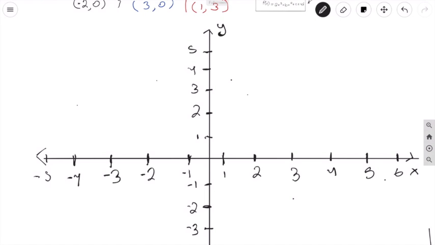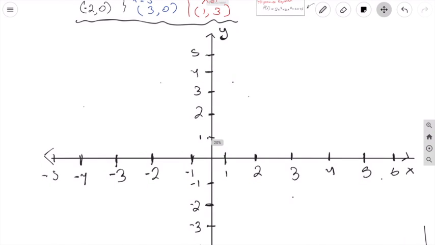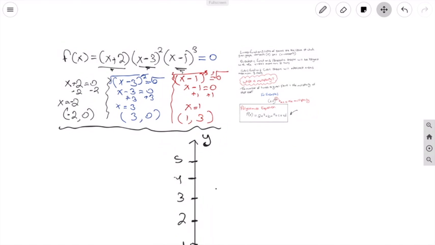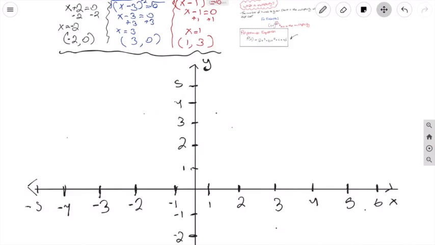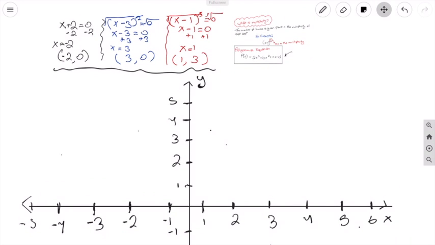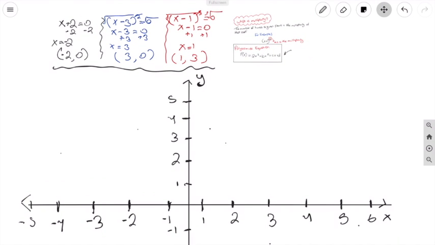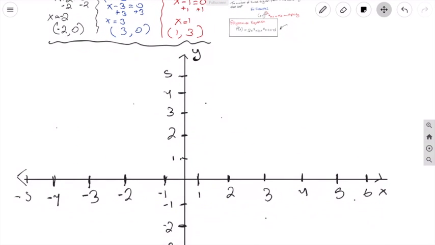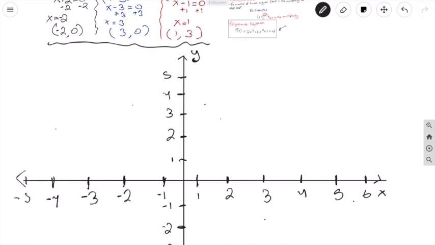Now we have this graph and we have these x-intercepts. Now we need to graph them. The first one, if I may look again, we have x plus 2 equals 0, which is negative 2 and 0. x plus 2 is a linear graph, which means it's going to intersect at negative 2 and 0, like this.